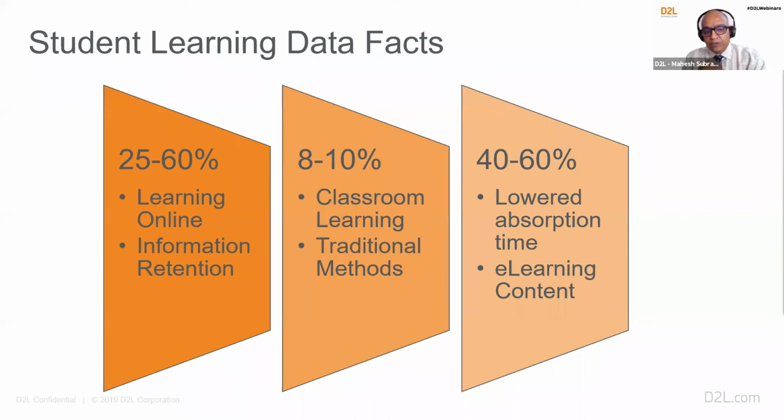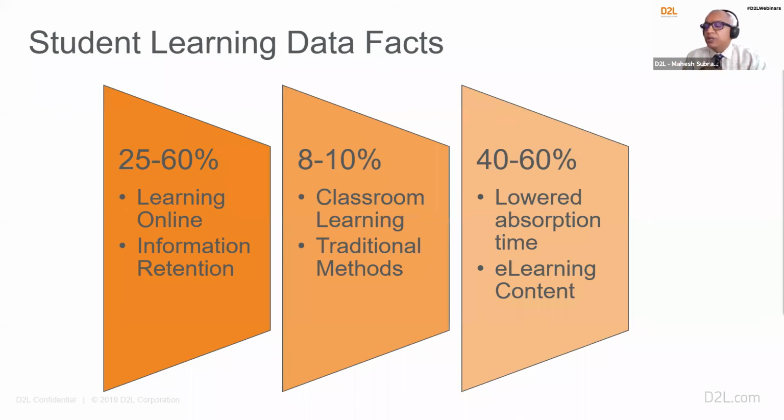We find that because people are learning online and because they're able to learn at their own pace, there is a 25 to 60% increase in information retention when learning online. When I say learning online, I'm talking about both the hybrid and the online learning model. Okay?